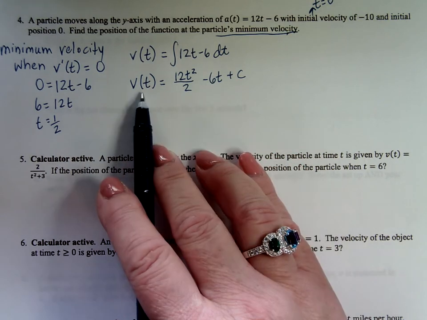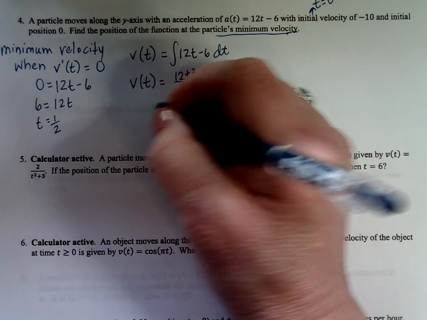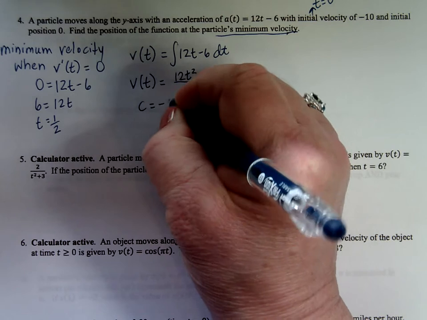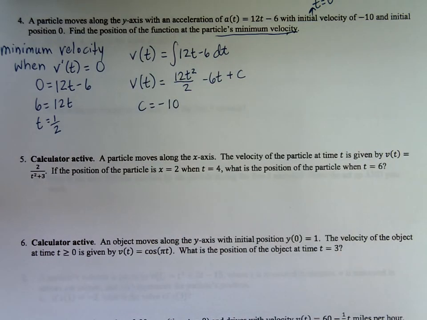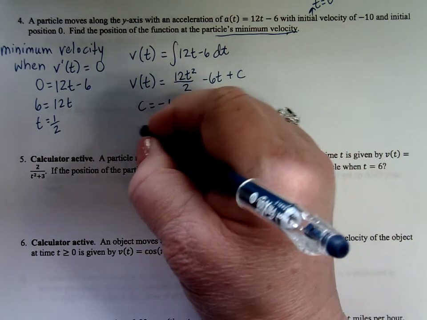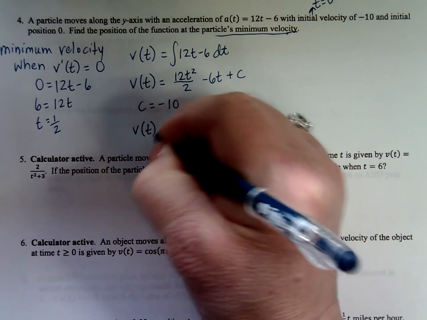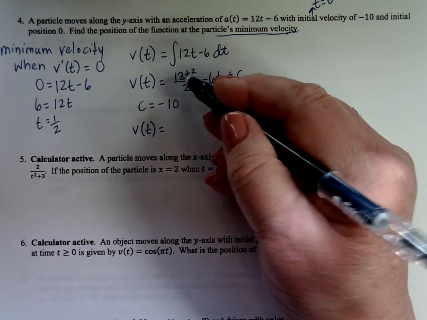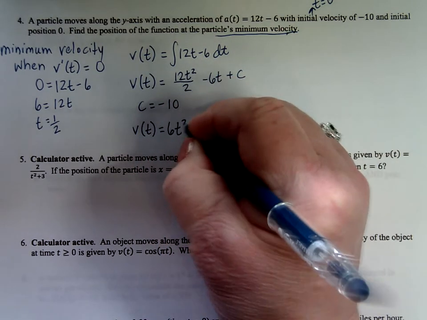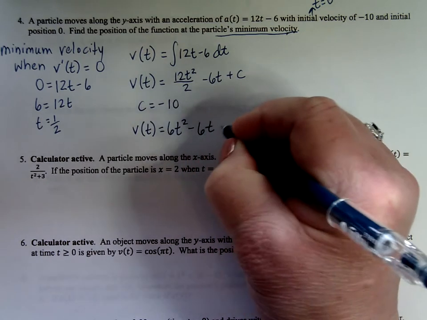So that means that c would be -10. They're just giving it to me in a funny way. So c equals -10. Here is my official velocity formula: 12 divided by 2, t squared minus 6t minus 10.